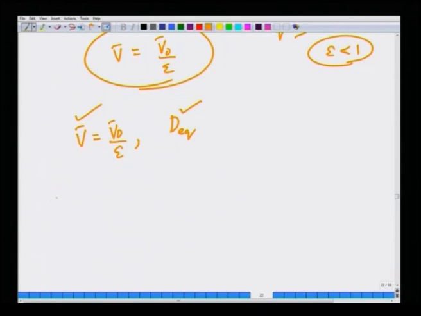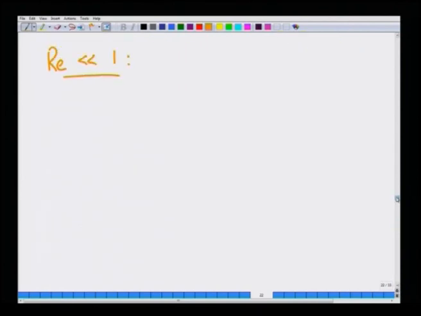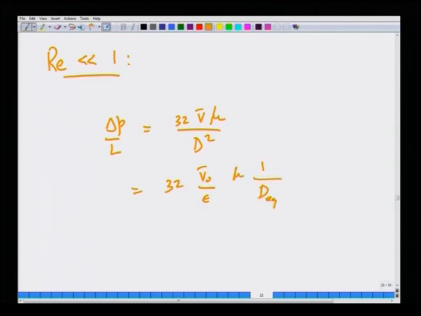Suppose the Reynolds number is low, then we can use the laminar flow relation. So, delta P by L is 32 V bar mu by d squared. V bar is nothing but V naught by epsilon, times mu, and instead of d we put d equivalent squared, the equivalent diameter, and then substitute the expression for d equivalent.